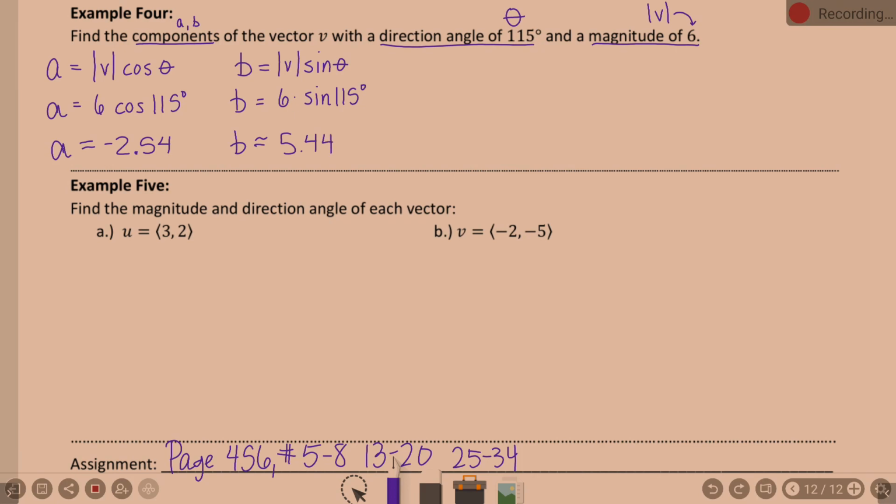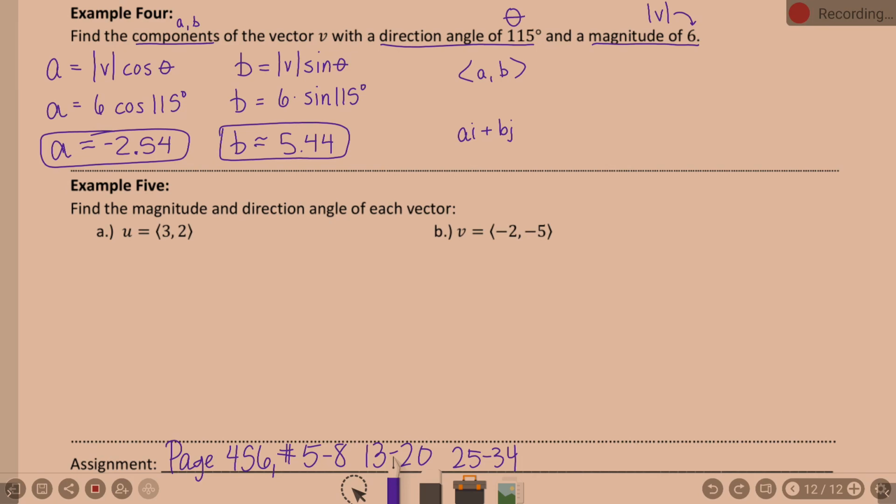I'm going to pause here and say, remind me Monday that this is where I stopped, and I need to write my answers. There are 2 ways to write the answer. We can write it in component form as a, b, and we could write it in linear combination as a times i plus b times j.